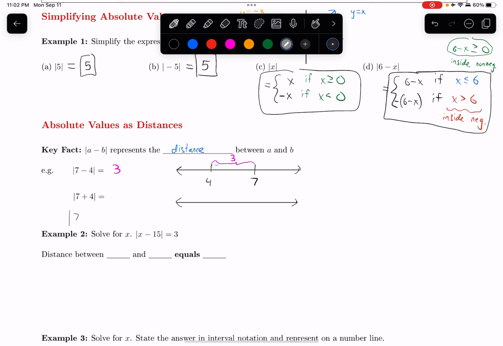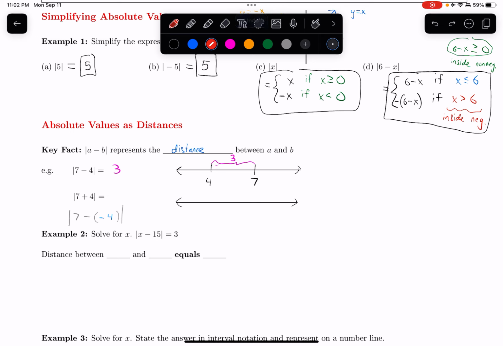I'd get 7 minus something. What would go in the parentheses so that this whole thing matches the 7 plus 4? Well, it would have to be a negative 4, because a double negative becomes a positive. So what are the two things I'm subtracting? I'm subtracting 7, and I'm subtracting negative 4.